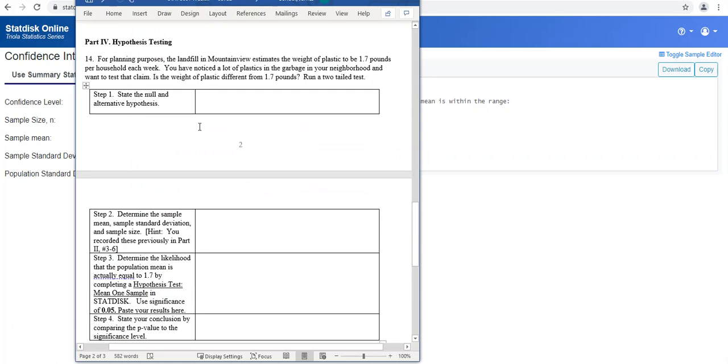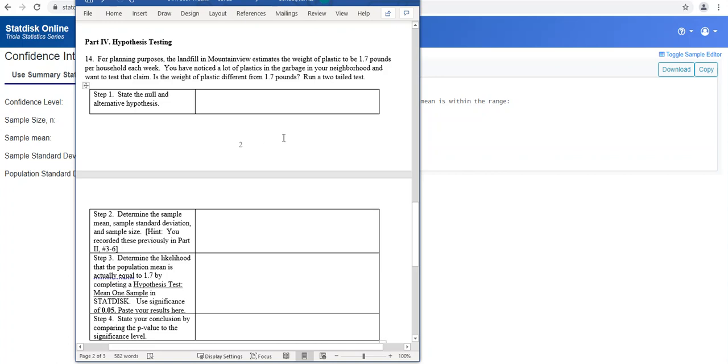This is pretty straightforward. So let's say that this again is just kind of made up information, and that the weight of plastic is supposed to be basically on average 1.7 pounds. Okay, 1.7 pounds, and you want to test that to see.